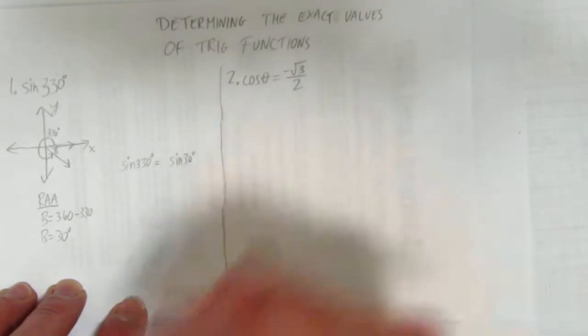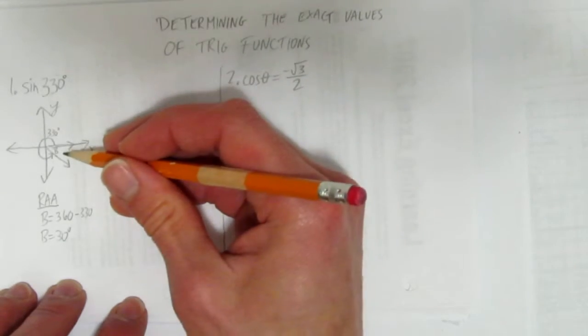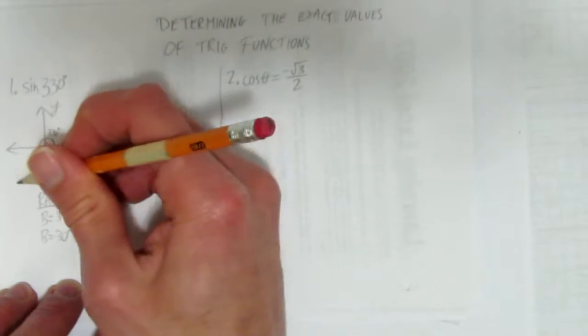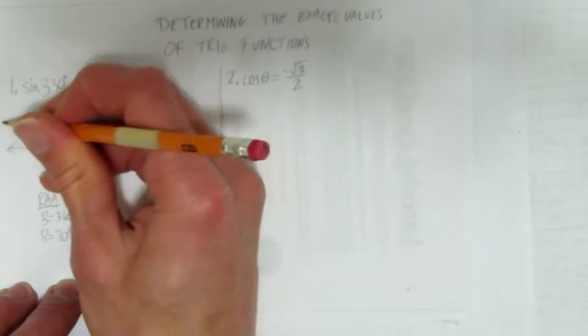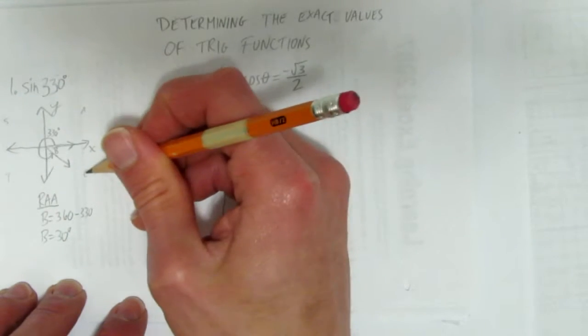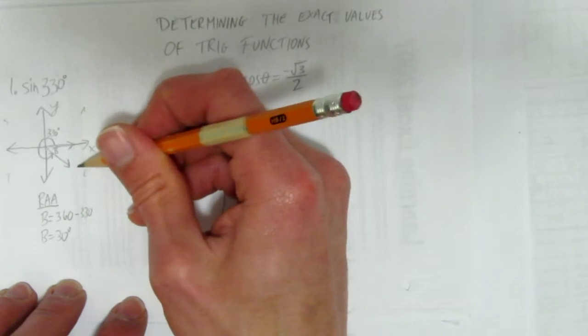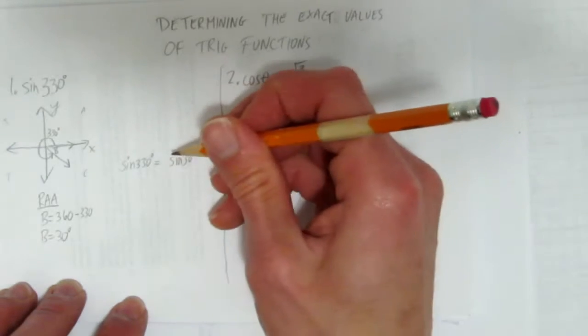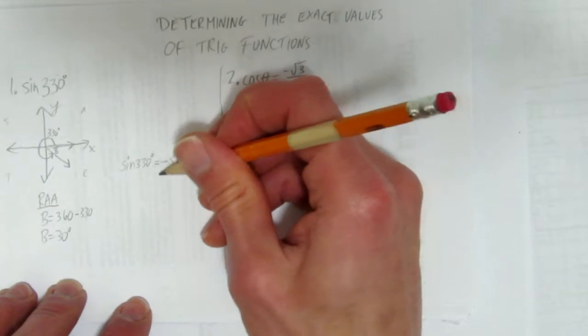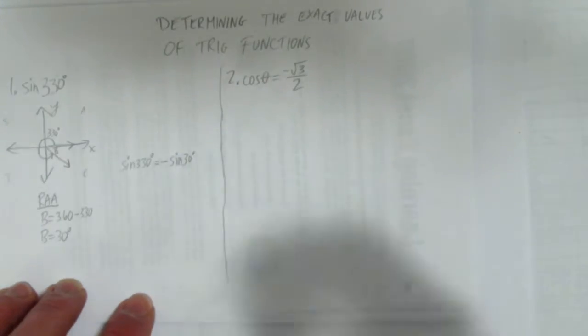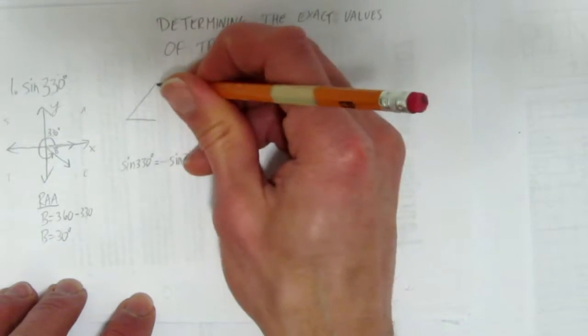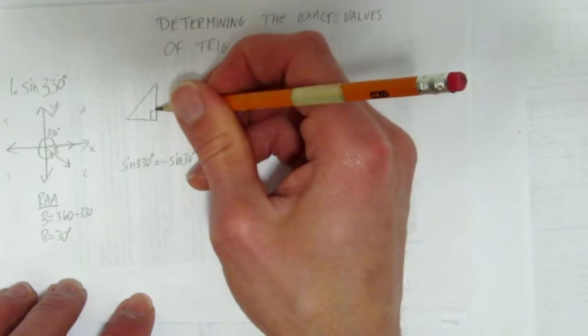I left a little space on purpose, because when you're in this quadrant using the cast rule, only cosine is positive, so that means that this is actually going to be negative.